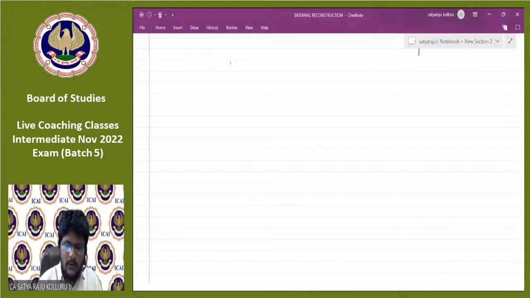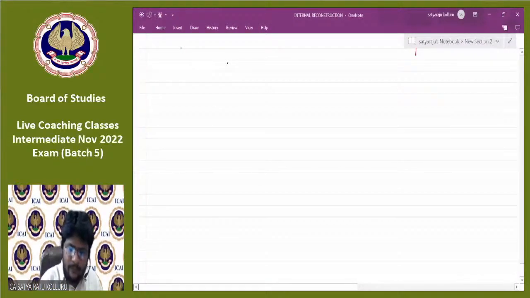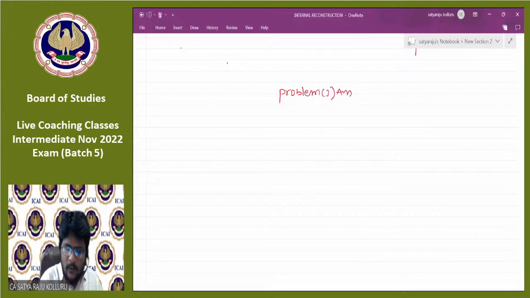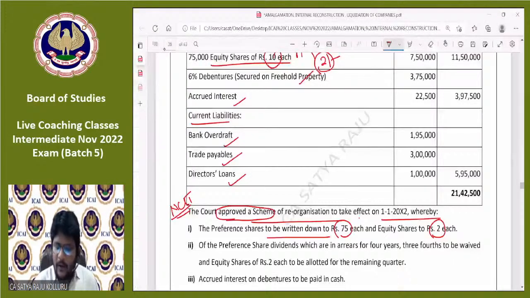Problem number 3. Two sub questions are there. One is journal entries, another one is balance sheet. Under that, point number 1, equity shares are reduced.